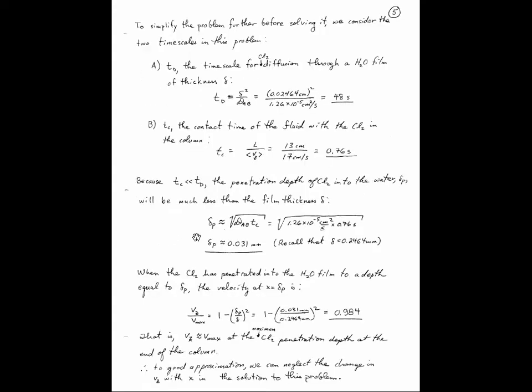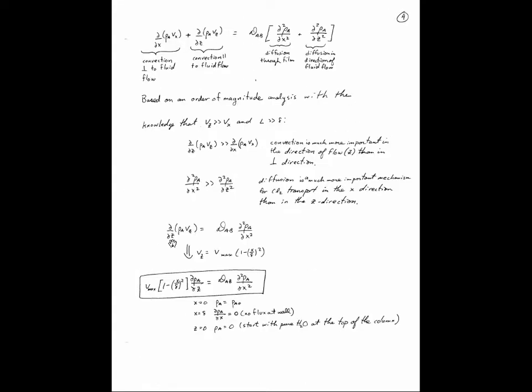And it says that the rate of transport of chlorine into this film by diffusion in the x direction, that is across the liquid film, is equal to the rate of chlorine transport by convection down the wall of the film.